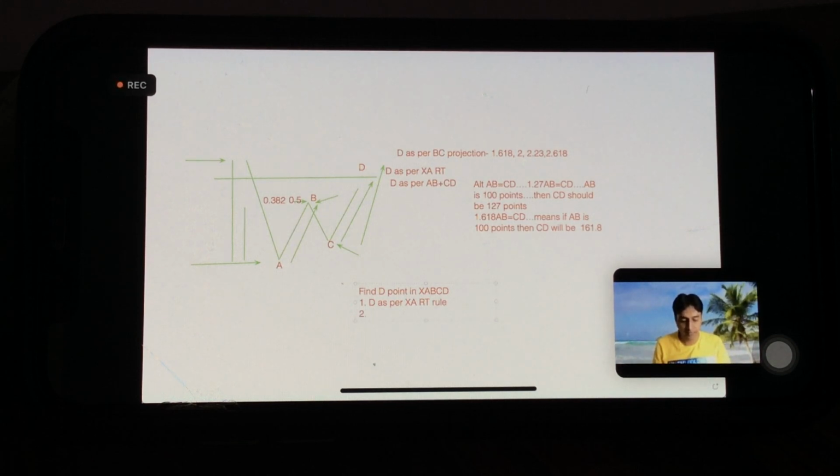Second is D as per AB equal to CD or alternate AB equal to CD. And third is D as per BC projection. Clear? Three ways of finding PRZ.